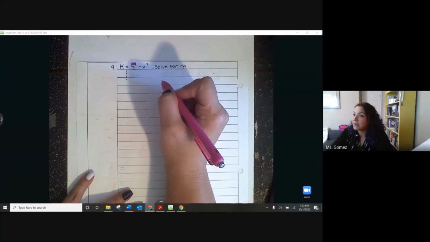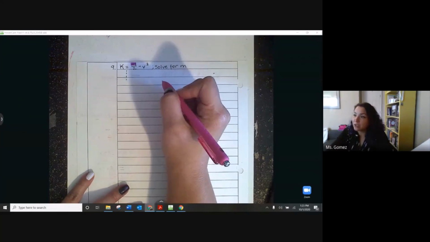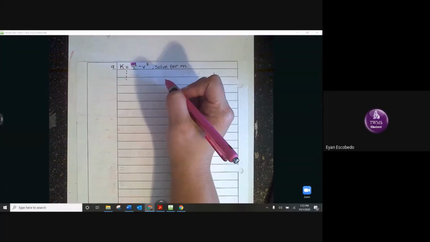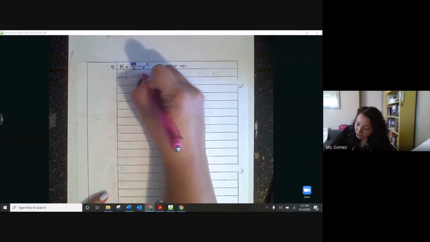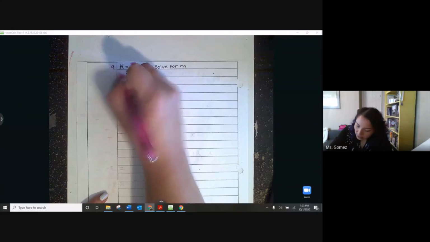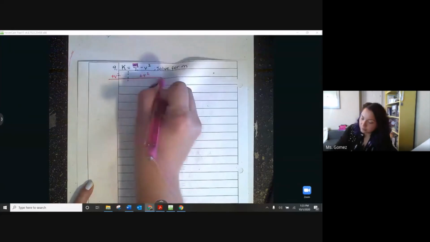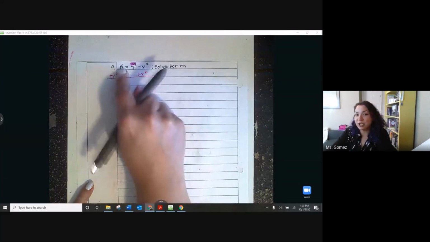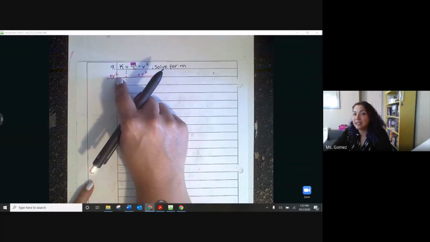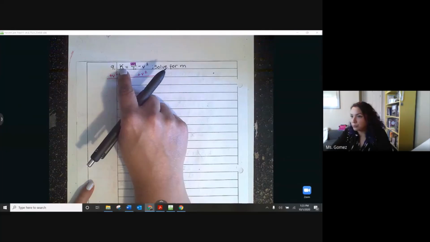How do I get rid of a minus v squared? Add a v squared. Oh, yeah. Thank you so much, Ian. Add v squared. And I'm going to put it right here. Add v squared. Now, you'll notice that I kind of put it off to the side because is a velociraptor the same as a kangaroo?